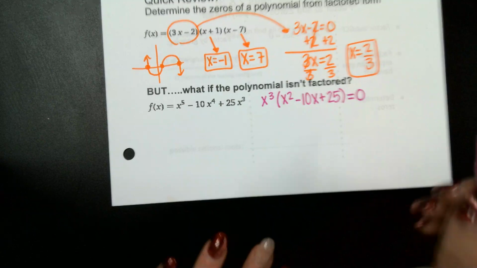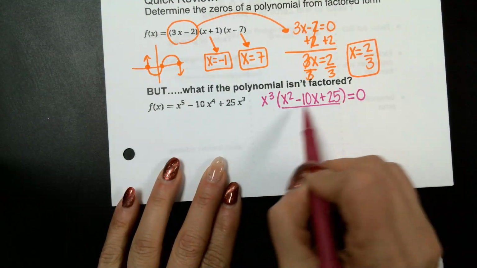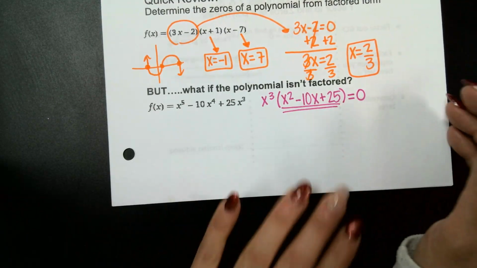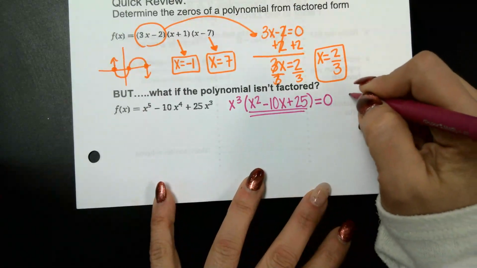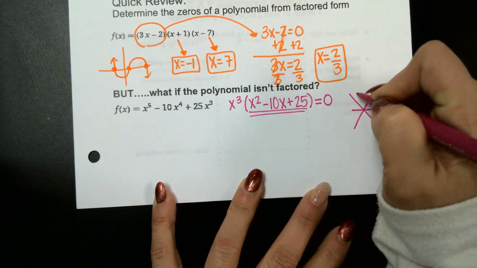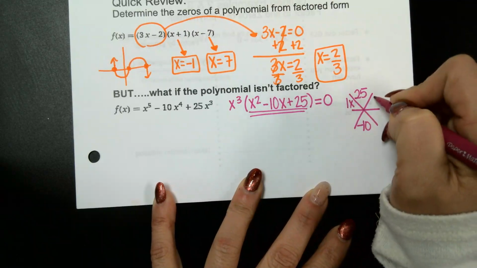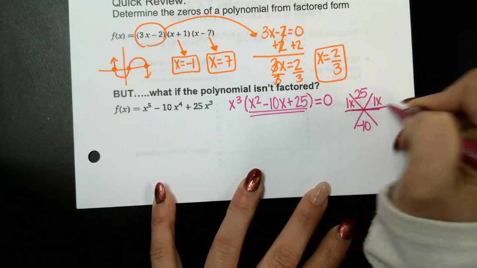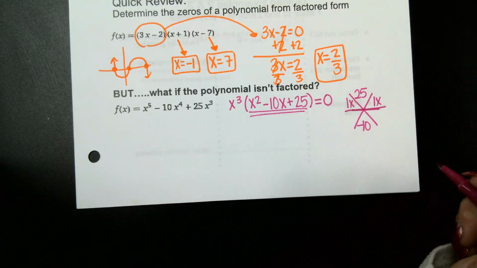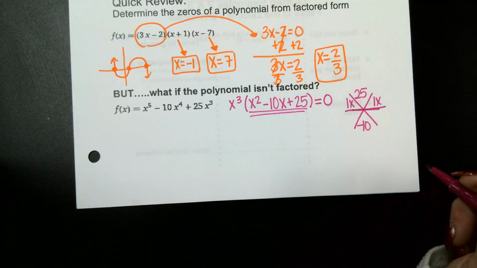Now isn't this in here a quadratic that we can factor using the asterisk? Let's do that. We've got positive 25 up top, negative 10 at the bottom. What two numbers multiply to give us 25 and add to give us negative 10?